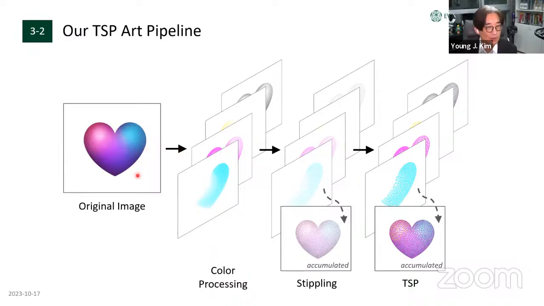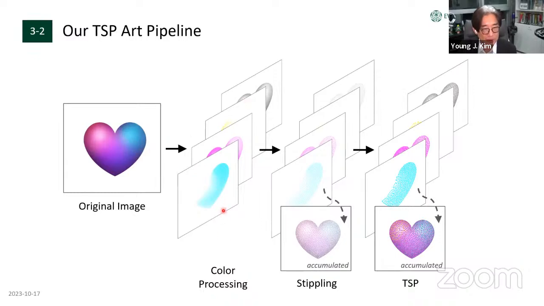So our pipeline takes a raster image and the colors that the robot can use. In our case, we are using pens, so the pen colors that we can use are limited, maybe 4 or 5. Using this limited number of colors, we have to optimize the color channels to approximate the color space of the original image.